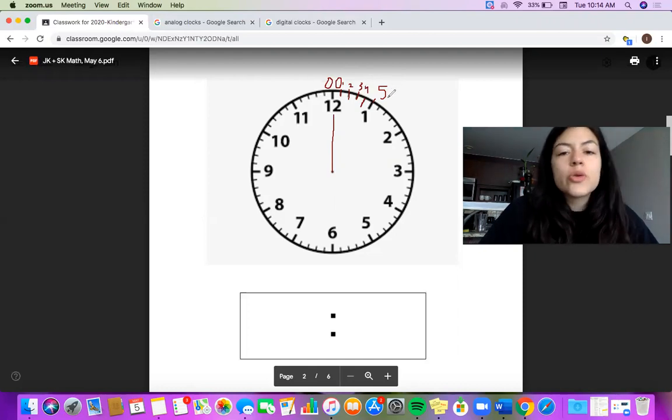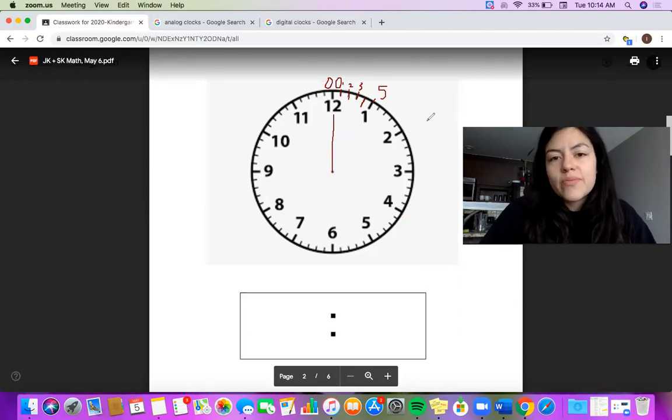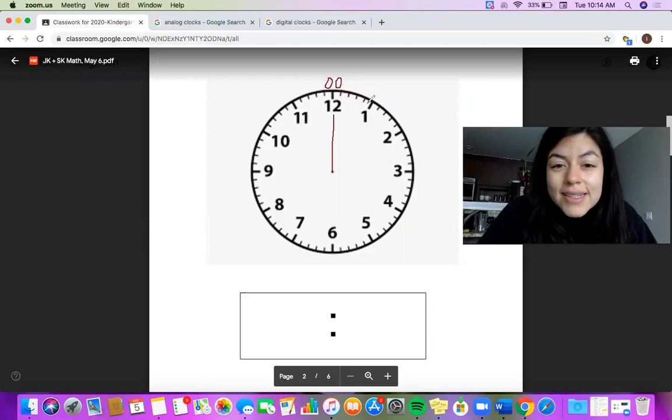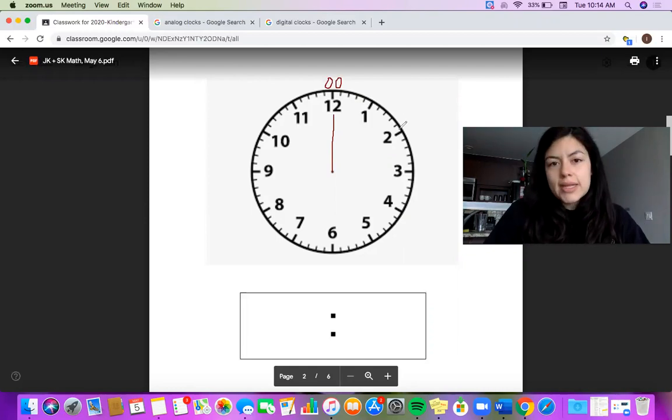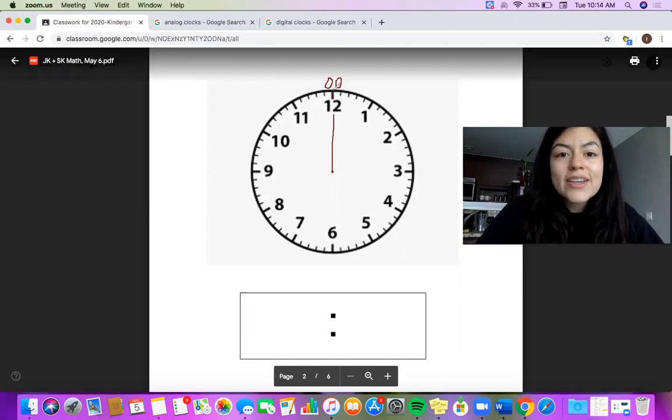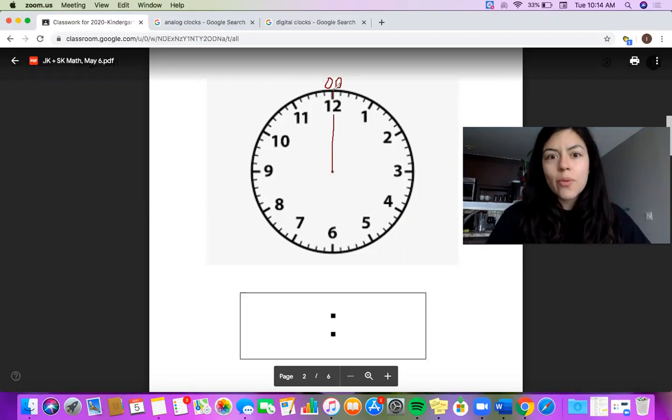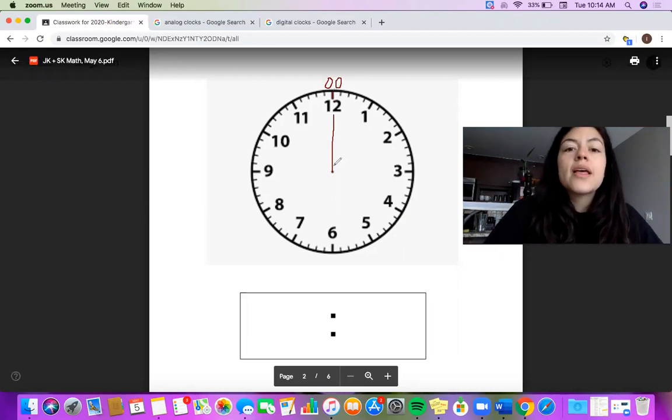So you're going to be learning a little bit more in grade 1 how all of these markers designate minutes going up by 5. But that's too much for today. For now, all you need to know is that all these little lines, tick, tick, tick, they represent minutes. So being on the 12 is like you're starting right at 0 minutes. So our long minute hand is there.